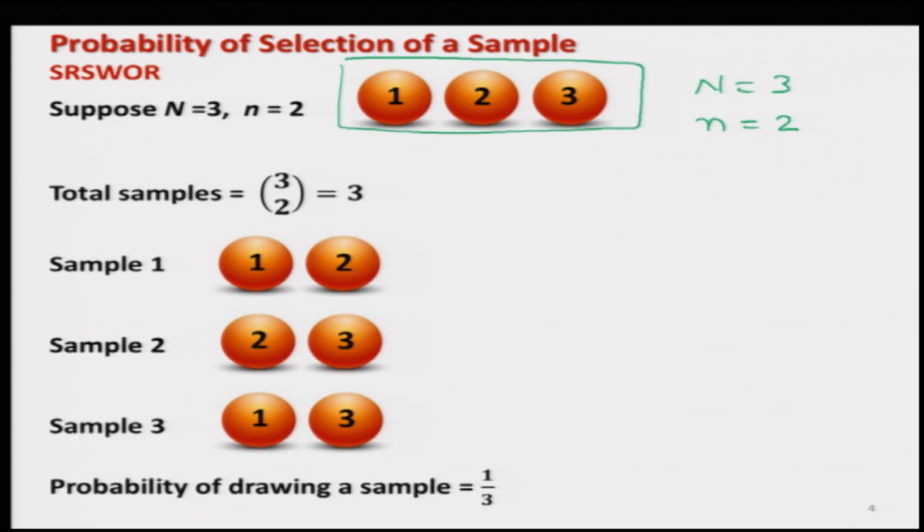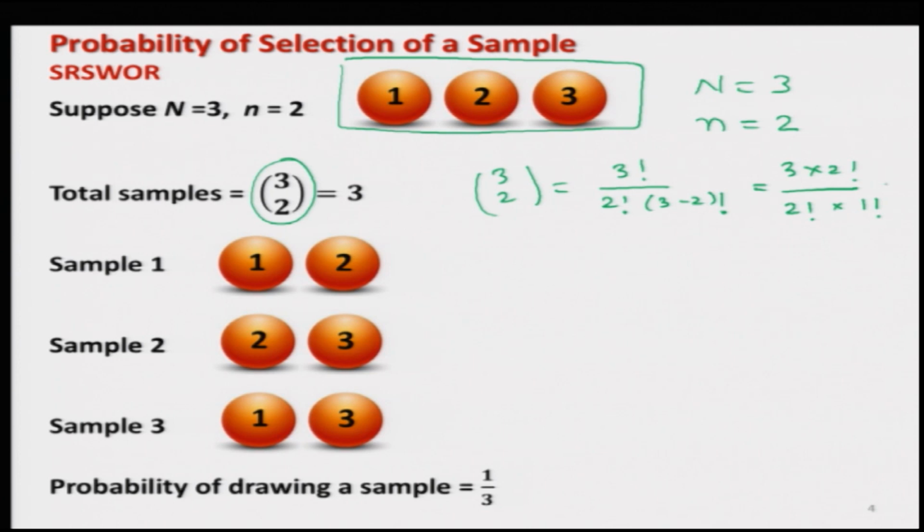The total number of ways to draw 2 balls from the population of size 3 is 3 choose 2, which is equal to factorial 3 upon factorial 2 into factorial (3 minus 2), which is equal to 3 into factorial 2 upon factorial 2 into factorial 1. So this becomes 3.